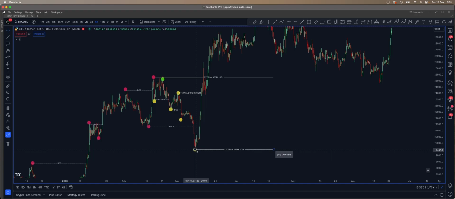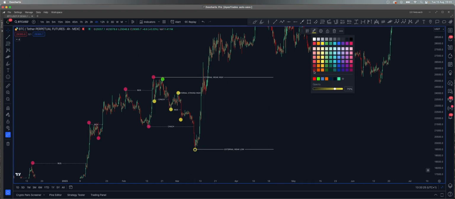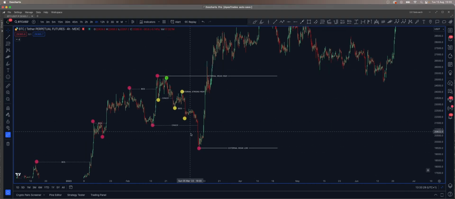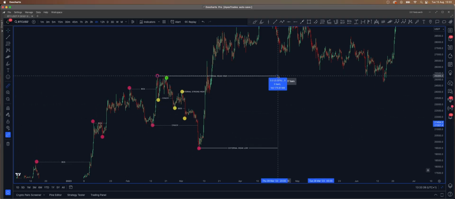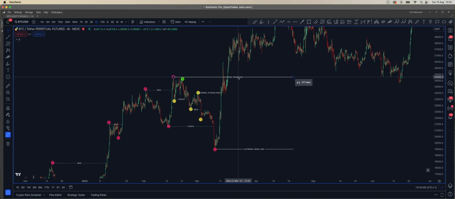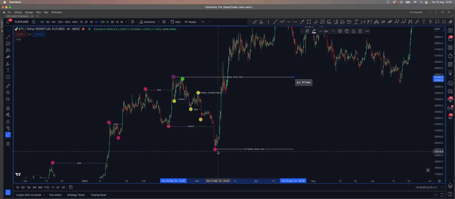And so where's our range? Our range from here, but that needs to not be yellow. That needs to now be that color. And where's our swing? Our swing is here and here. But until we break this, that's the range right now. Keep on doing that. So the range is here, but this for me is now a strong high, and genuinely, this is how I would anticipate the price to come up here and break.